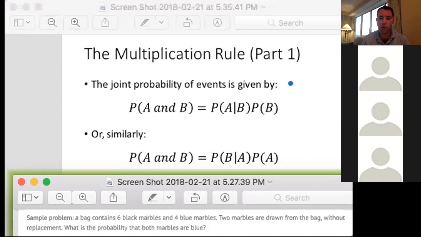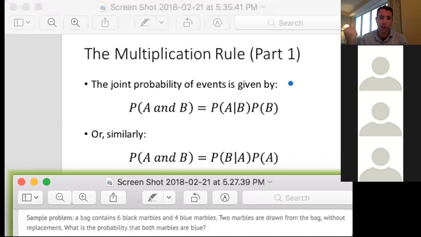But that's why we want to make sure you don't get confused here, because someone reading this question quickly might overlook that there's no replacement in this example, and just multiply the two together. That would be the probability of getting two blue marbles if you had replacement.